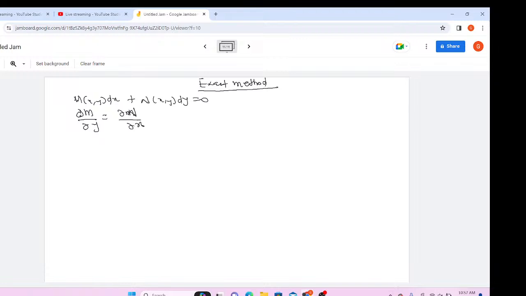So when I differentiate M with respect to y and it's equal to the differential of N with respect to x, then I can see that the differential equation is exact.